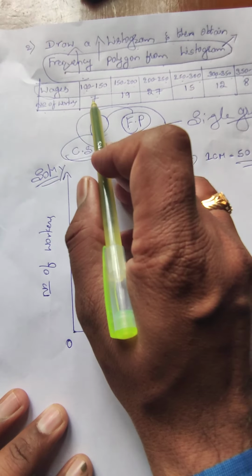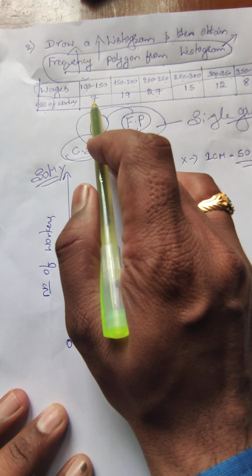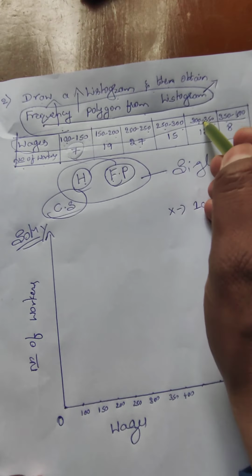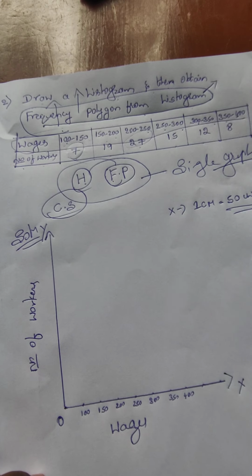Next, they are given information on the number of workers. The minimum is 7 and the maximum is 27.